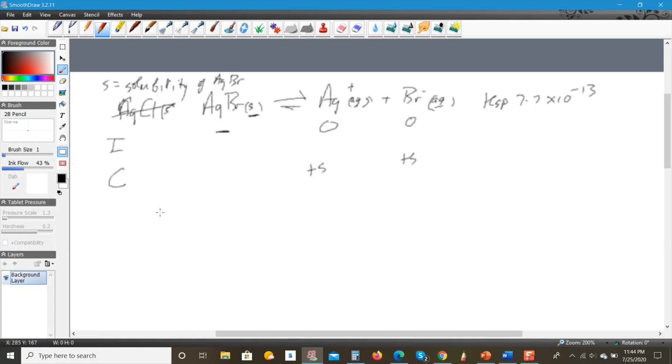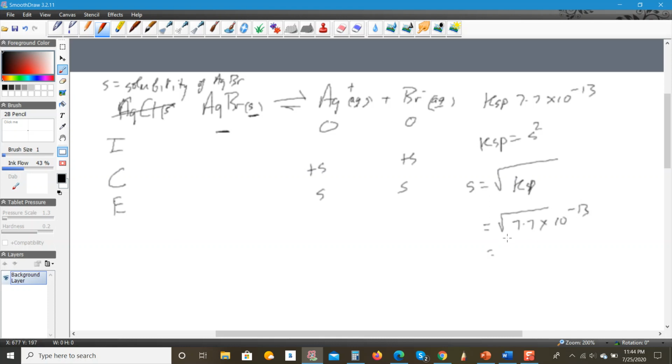So at equilibrium, you're just going to have S and S here, which means that Ksp would be equal to S squared, which means that S would be equal to the square root of Ksp, which would be equal to the square root of 7.7 times 10 to the minus 13.